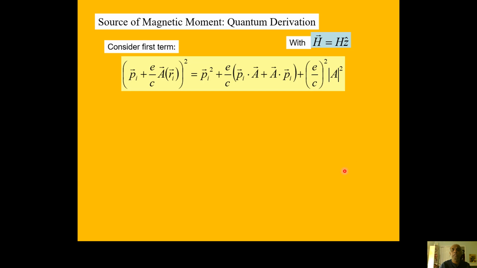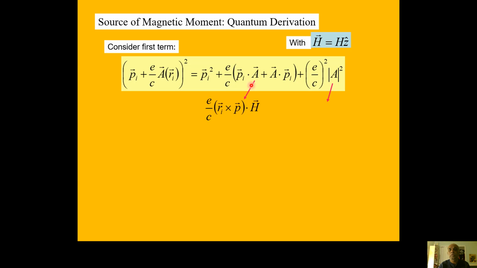Now if you consider H to be in the direction of z, then I can write this as we wrote before. If you expand a little bit, A you can write as R cross H, because we defined H like that.